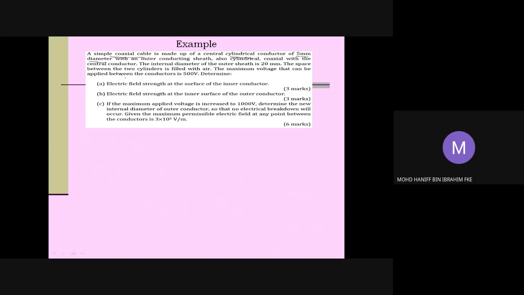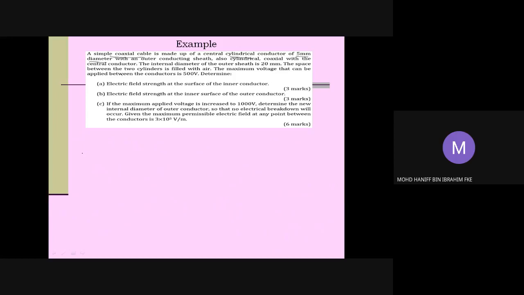Coaxial means that they have the same axis. The internal diameter of the outer sheet is 20 millimeters. The space between the two cylinders is filled with air, and the maximum voltage that can be applied between the two conductors is 500 volts.